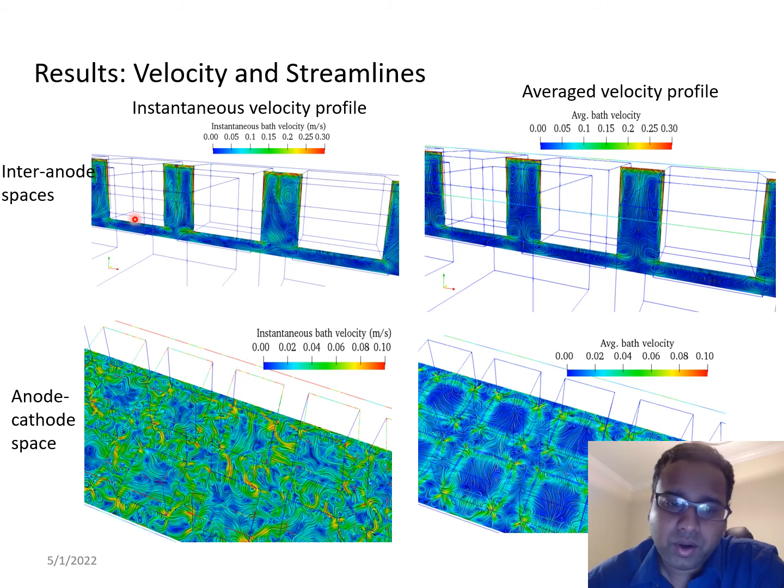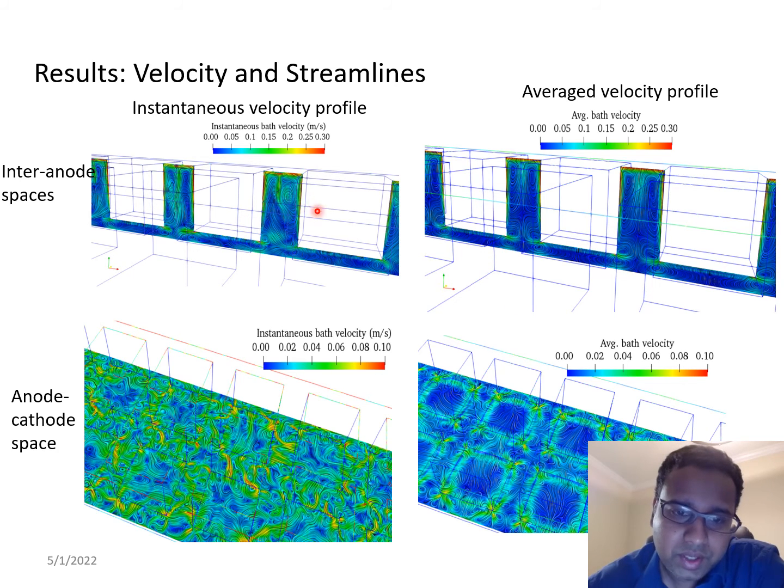So these are the velocities predicted by the LES simulation in the inter-anode spaces, meaning between the anodes. On the left side here you can see the instantaneous velocity and the streamlines. On the right side you can see the time averaged LES results.